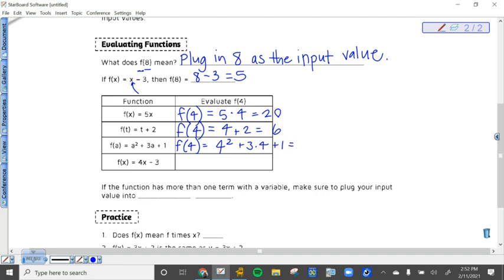So what's 4 to the second power, 4 squared? And then what's 3 times 4? 12, plus 1. 16 plus 12 plus 1? Yeah. 29.